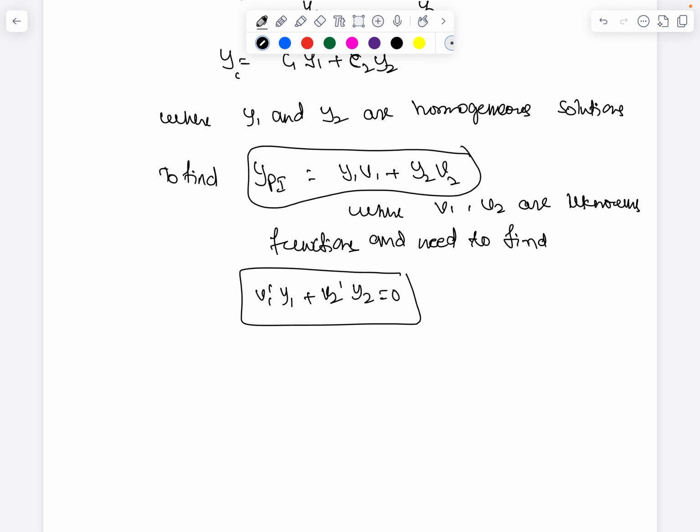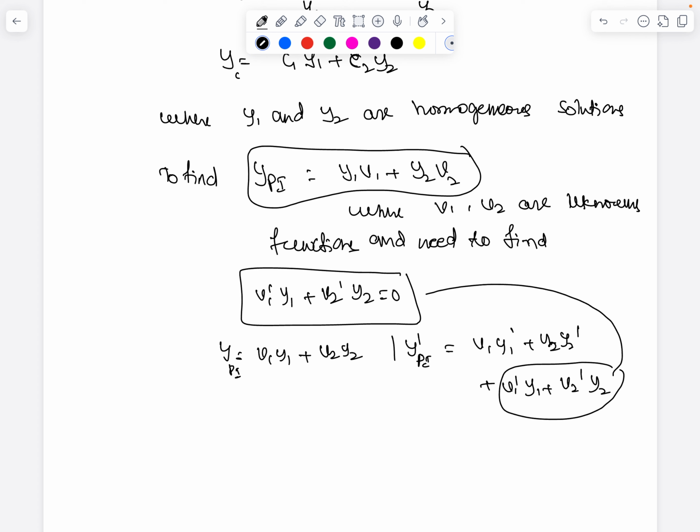We are assuming this, and then y p is v1 y1 plus v2 y2. Its derivative y p prime is v1 y1 plus v2 y2 prime, which gives v1 prime y1 plus v2 prime y2, but this is 0 because of the condition, leaving v1 y1 prime plus v2 y2 prime.